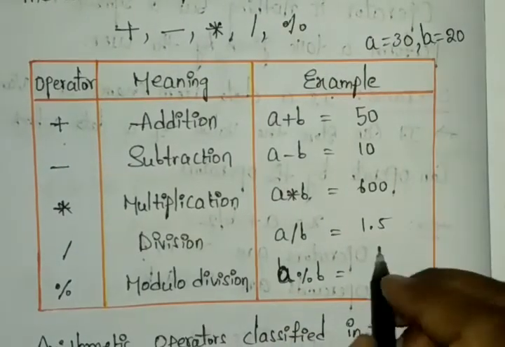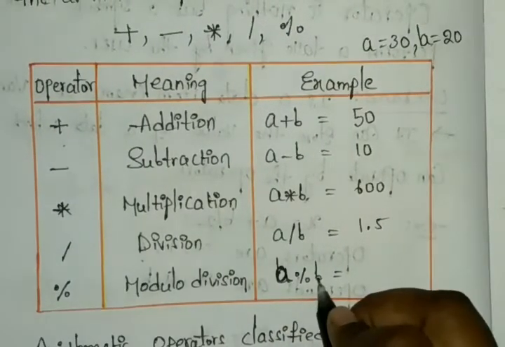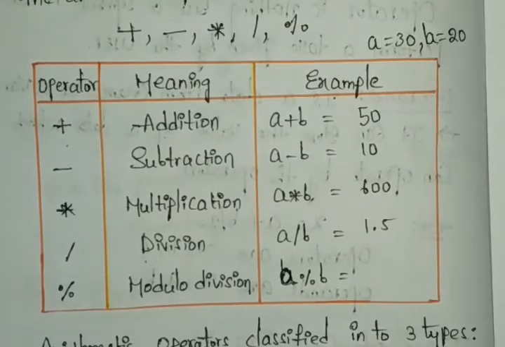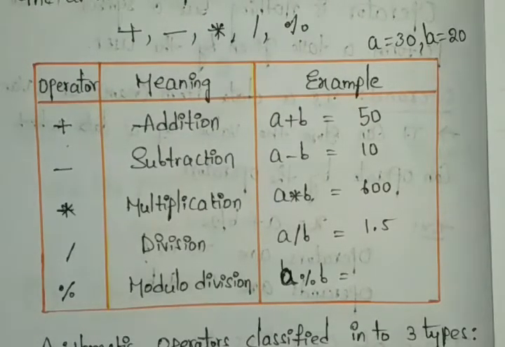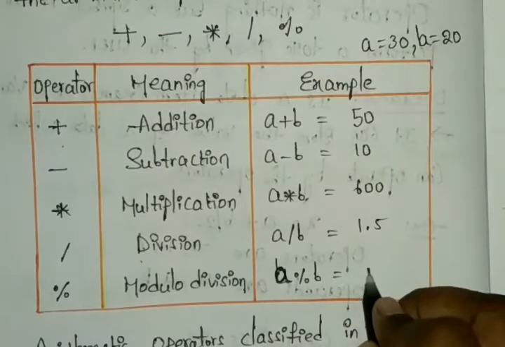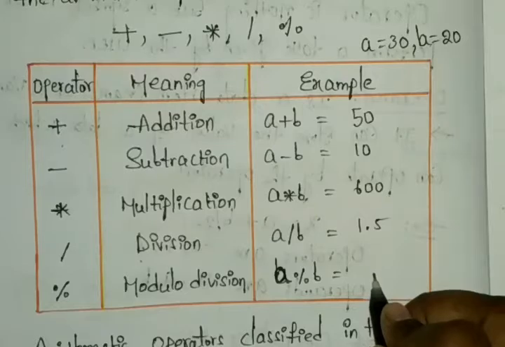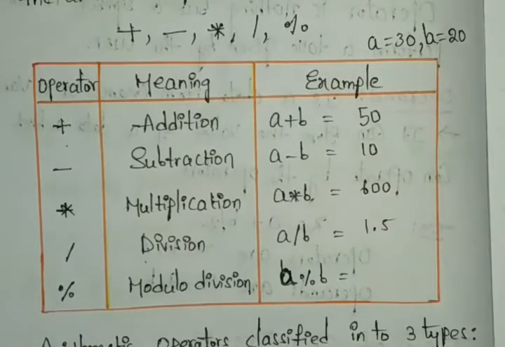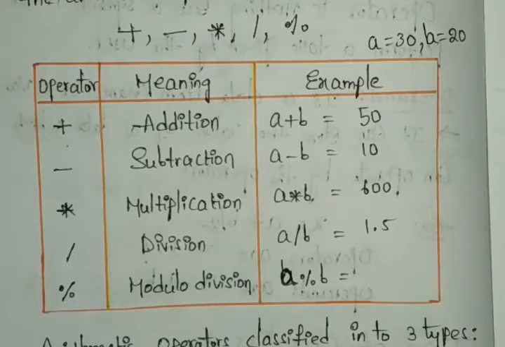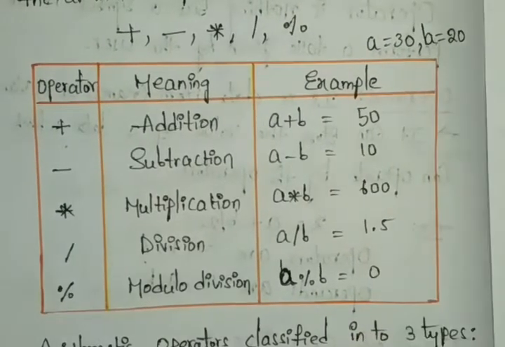So with 30 and 20, normally we do the process and check how much we get. If you get 0, you can write 0; if not, you can leave it. Just check how much we are getting.